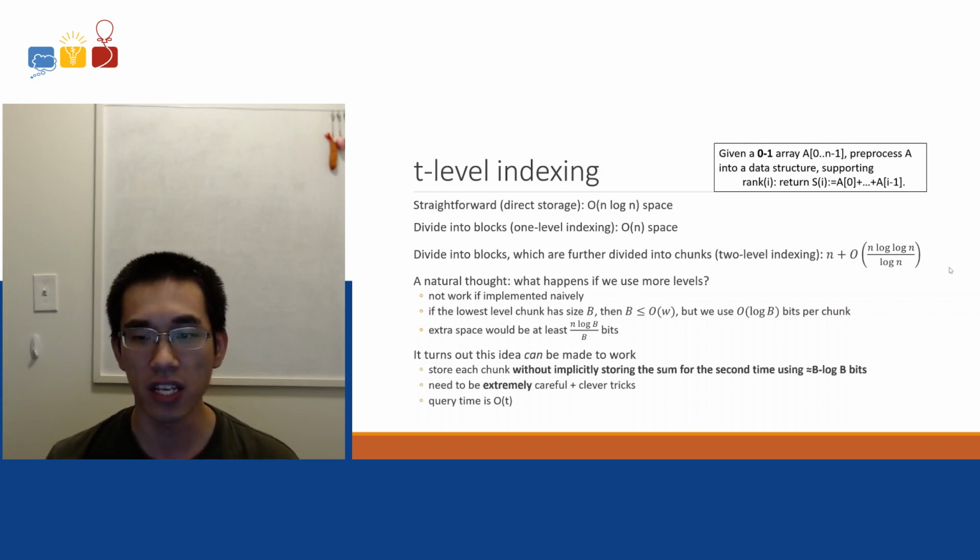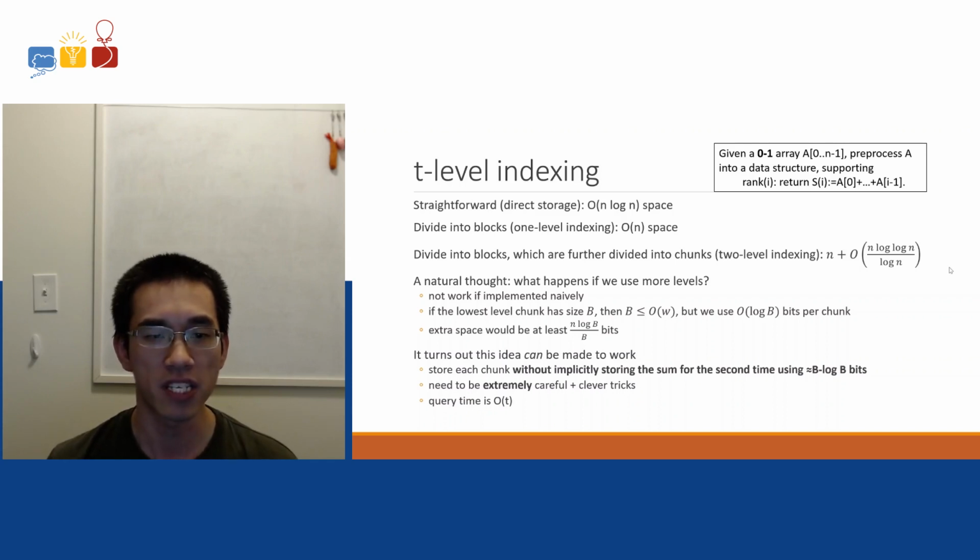But it turns out that this idea can be made to work if we do it very, very carefully. The reason the previous argument says we cannot do this is that we use the extra log b bits per chunk. This is because in the previous data structures, we implicitly stored the sum for each chunk twice. What do I mean?